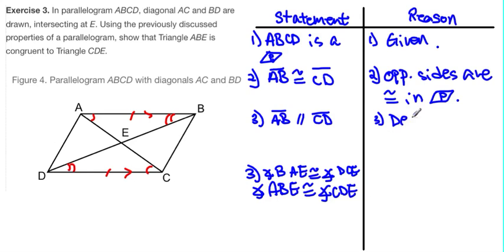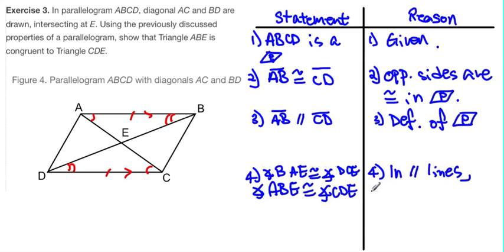By definition of a parallelogram. Then we can rewrite this one as number 4, and we can say that in parallel lines, alternate interior angles are congruent.